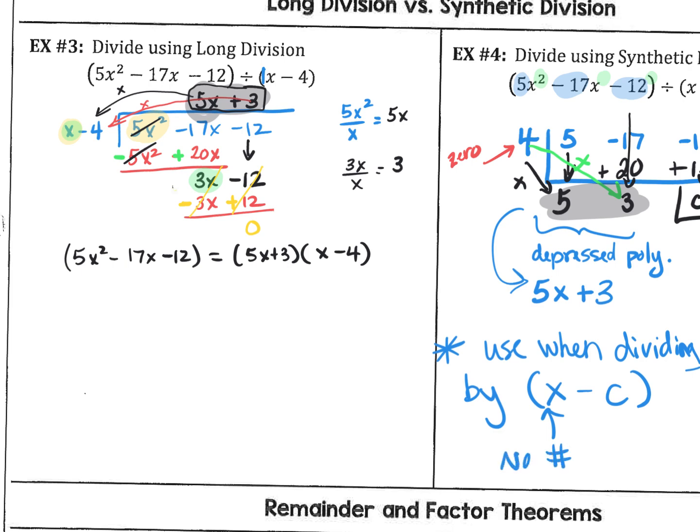There's not going to be any coefficient in front, and you can't have an x squared, an x cubed, etc. It has to be x to the first power and no coefficient in front of it. If you're dividing by an x squared, an x cubed, a 2x, a 3x, or a negative 5x, guess what? You have to use polynomial long division.